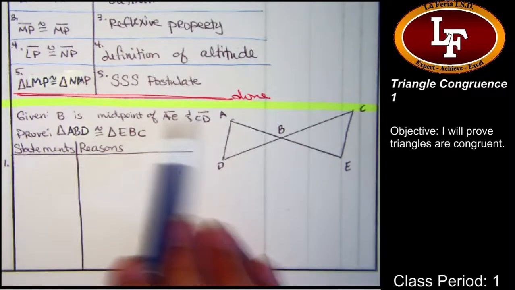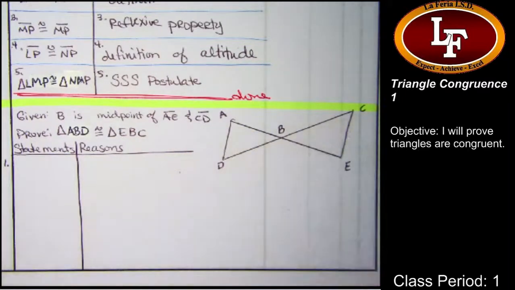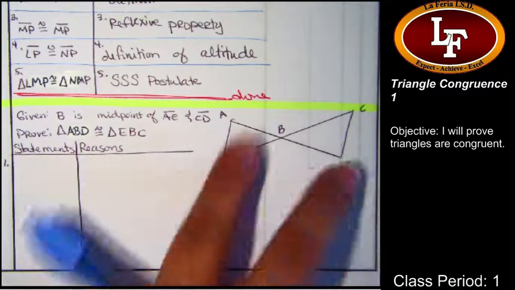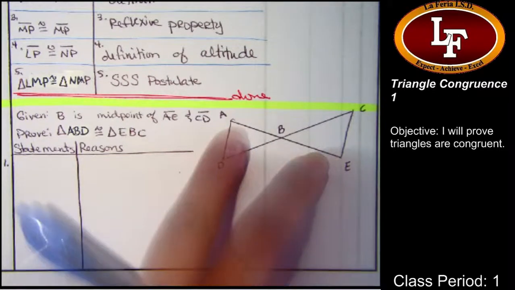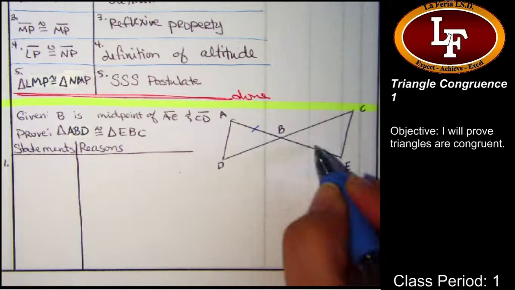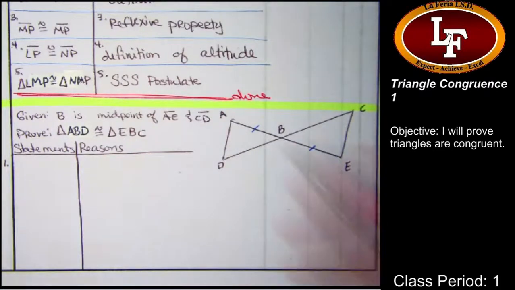B is the midpoint of these 2 lines, which means what do we know? Automatically. That they cross at B. What do we know about the pieces of line on either side of B? They're the same size. Why do we know that these are the same size as each other?